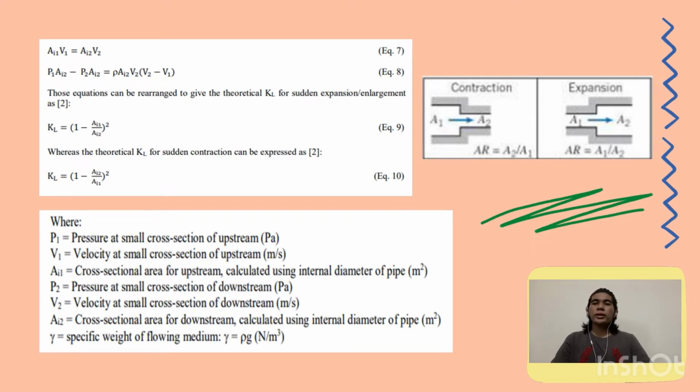Consider the continuity equation number 7, momentum equation number 8, and energy equation between points 1 and 2 from equation number 1 on the previous slide for the control volume to get the value of loss coefficient KL for the fluid flows through a sudden expansion or enlargement and sudden contraction.